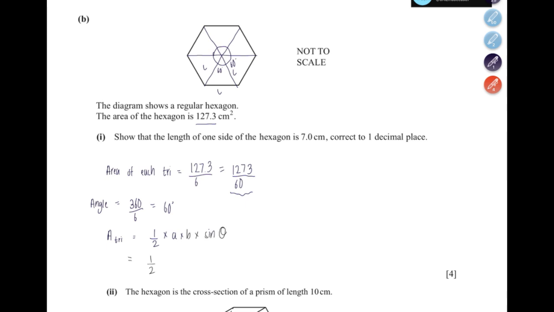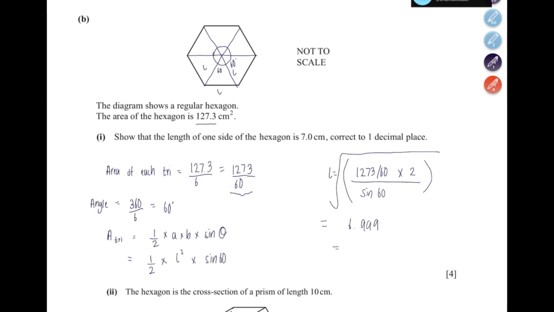So half times L square times sine 60. L is going to be the square root of 1273 divided by 60 multiplied by 2 divided by sine 60. The answer is 6.999, which is 7 centimeter if we correct to 1 decimal place.